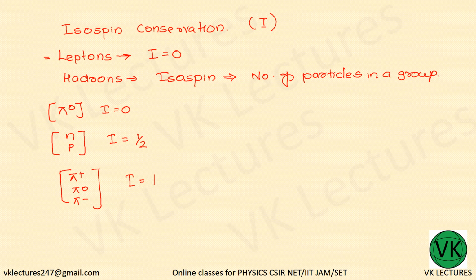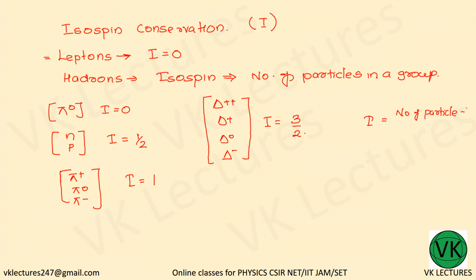And for a four particle group such as delta double plus, delta naught and delta minus, the isospin I is equal to 3 by 2. So isospin is given by the number of particles minus 1 divided by 2, that is I is equal to (n minus 1) by 2, where n is the number of particles in the group.